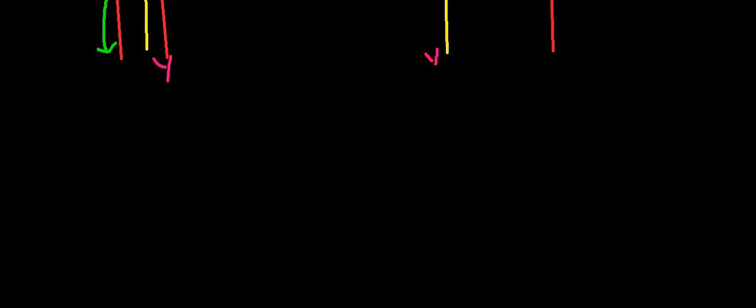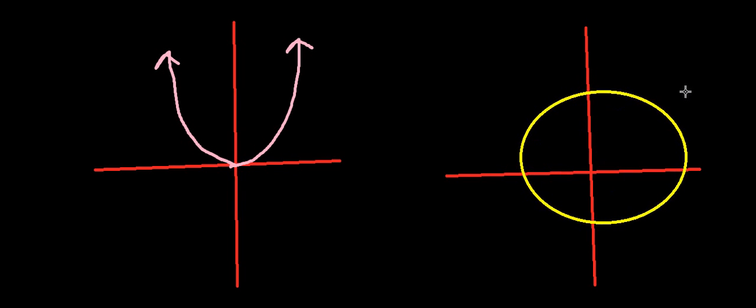So I guess that was a little unnecessary to explain, but anyways, we can have some other functions. Let's do a couple more. Let's say this time we have one that goes like this, and we have a circle.